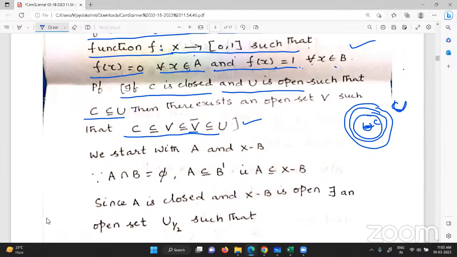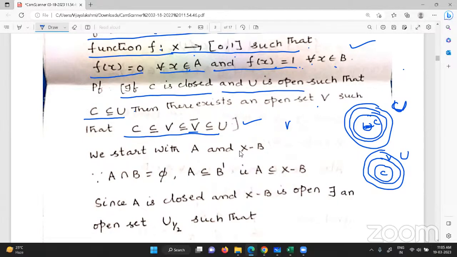Is that okay for you? Yes, ma'am. You have first C is closed and U is an open set such that C is contained in U. Then there exists an open set V containing C. Anyhow, we know that V is a subset of V bar.